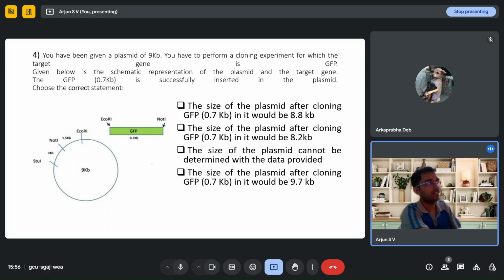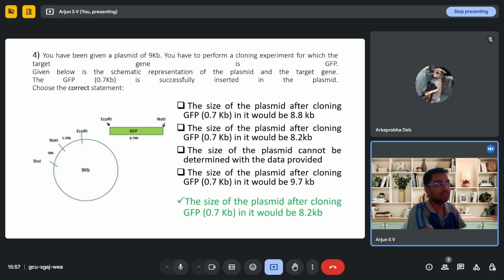For the target gene, we have EcoR1 and NotI, which is like here. The GFP is successfully inserted in the plasmid, which is 0.7 kb. Choose the correct statement. This is also a pretty straightforward question.